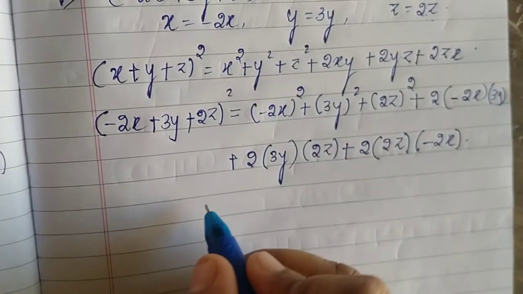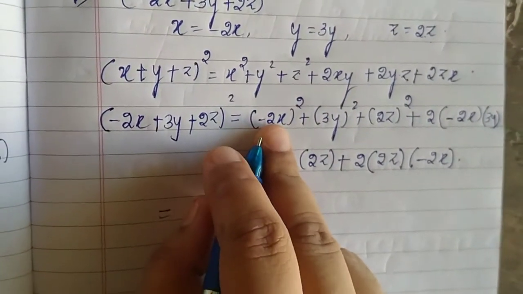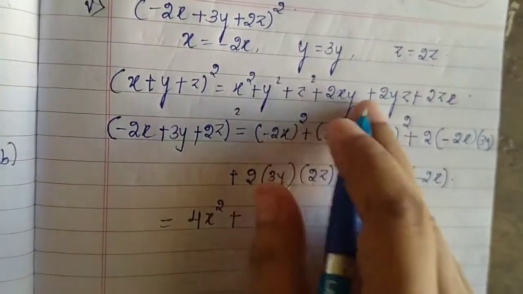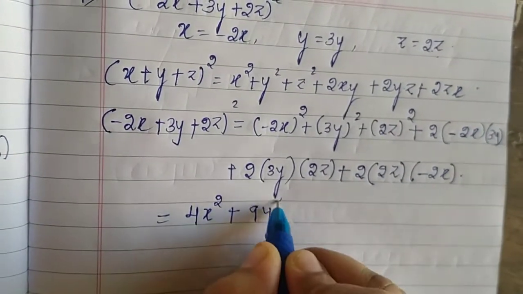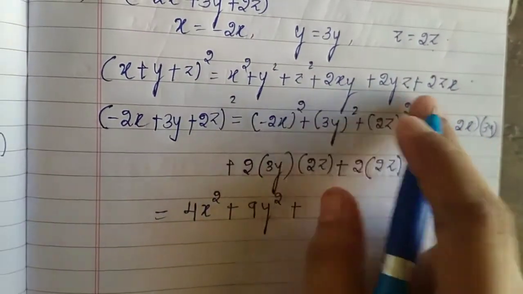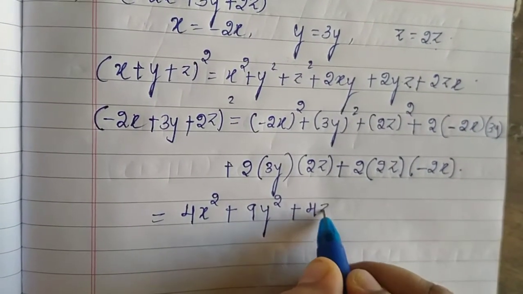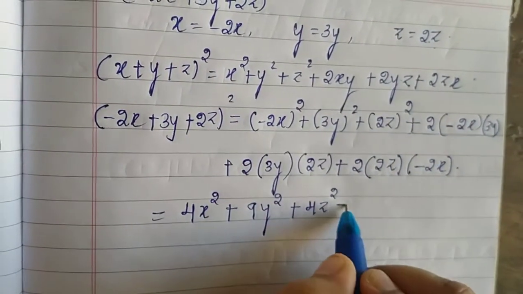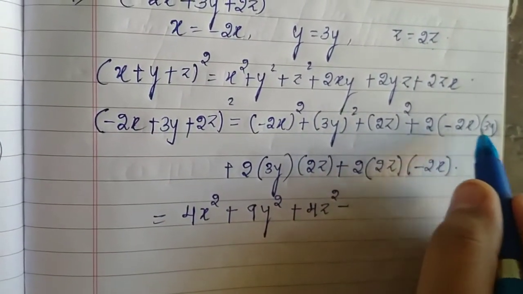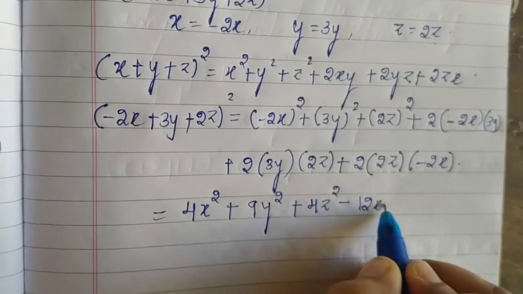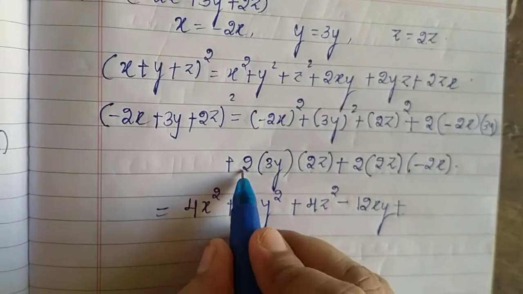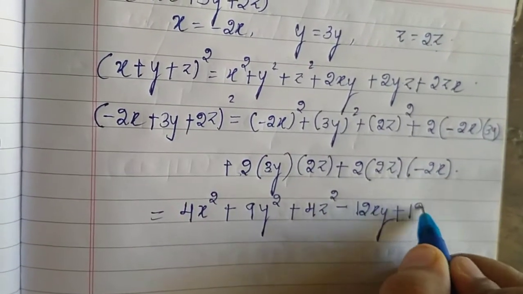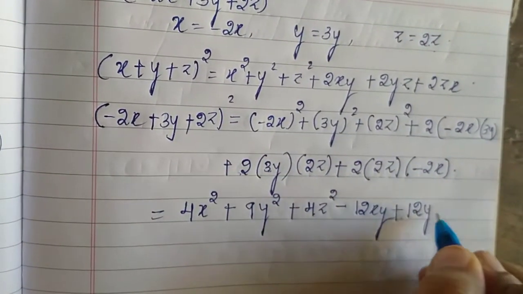Okay, so this will be equal to minus 2x the whole square means again 4x square, 3y the whole square means again 9y square, plus 2z the whole square means 4z square. So here only one minus, plus into minus is minus, 2 2s are 4, 4 3s are 12xy, plus 2 3s are 6, 6 2s are 12, 12yz.